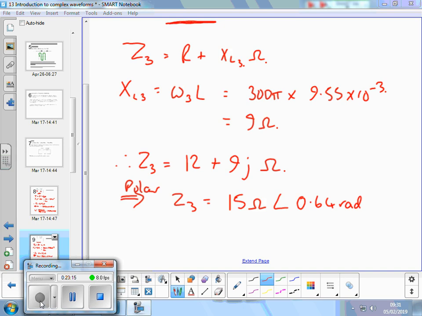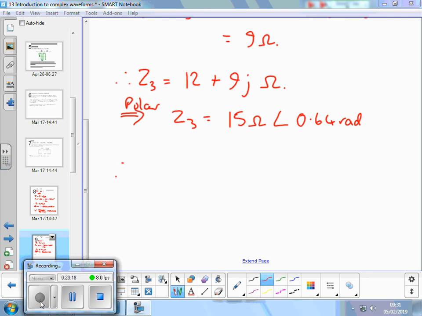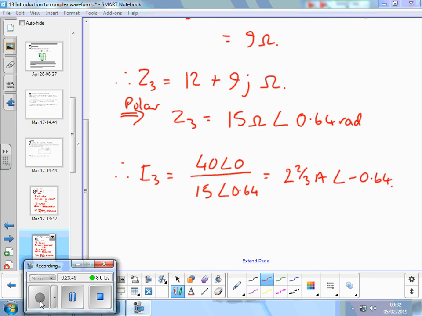Therefore, I3 is equal to 40 angle 0 divided by 15 angle 0.64, equals 2 2/3 amps, angle minus 0.64. Okay, so that's the third harmonic current.